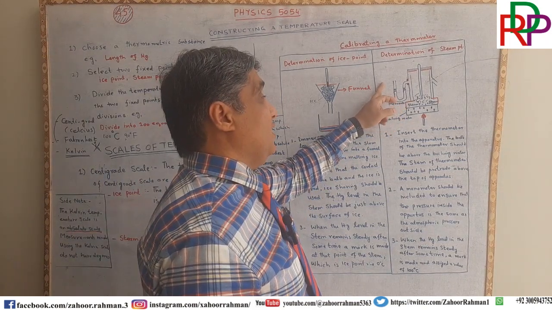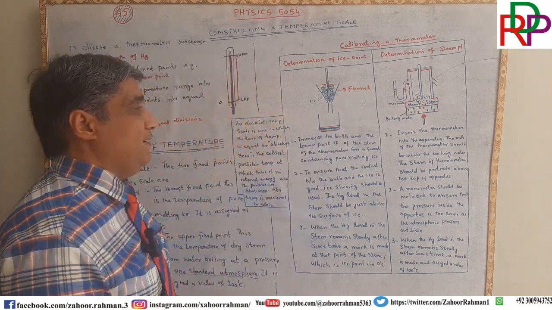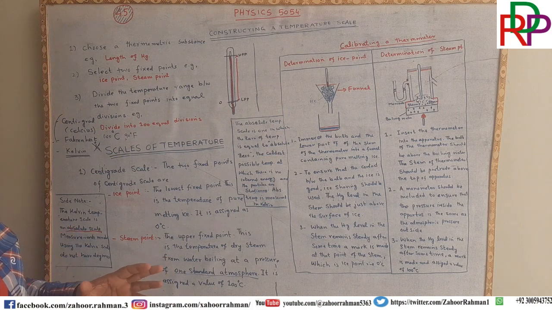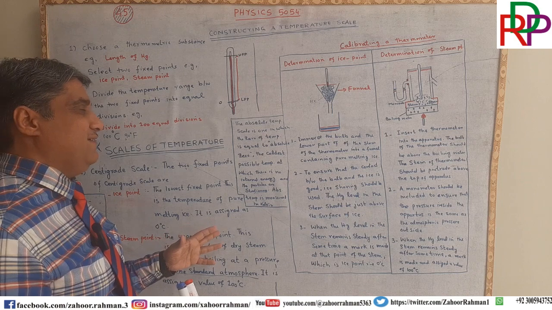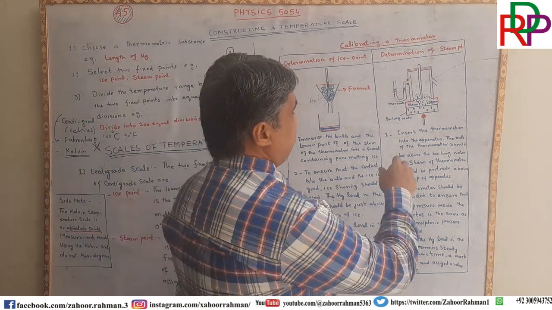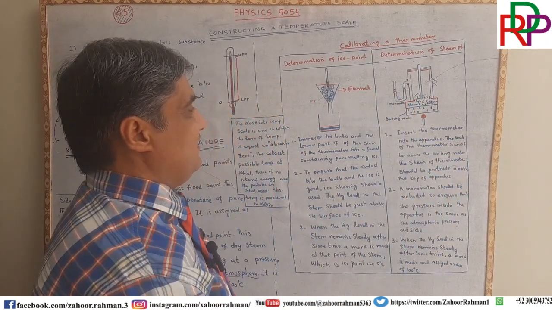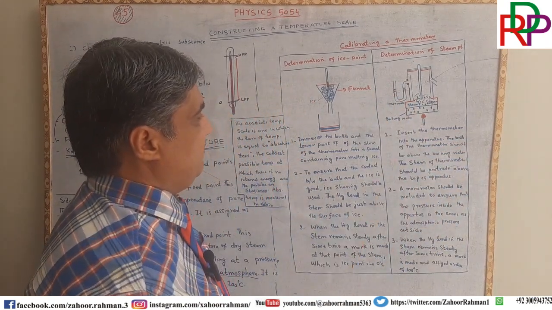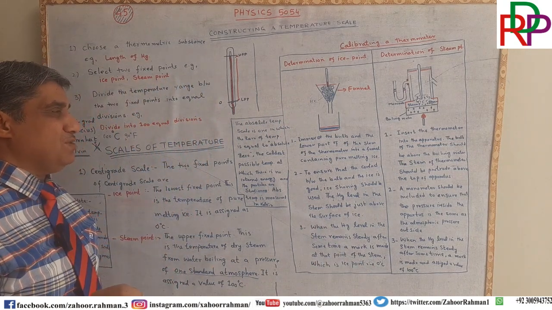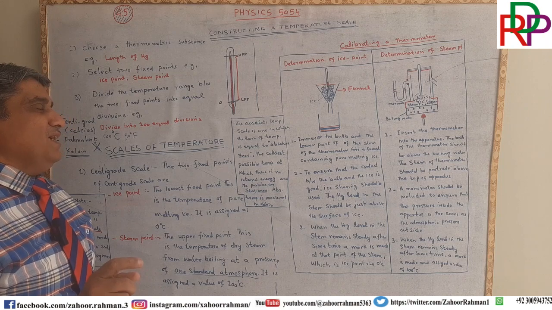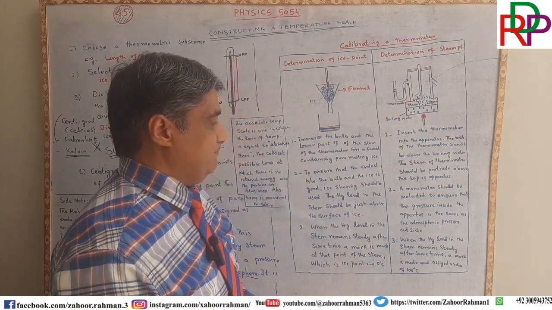It is not that the outside pressure is something else and the inner pressure of the apparatus is something else. If there is a difference between the two pressures, we won't be able to get it right. So for that particular purpose, we are making sure that the internal and external atmospheric pressure is the same. And you know that a manometer is a device which is used for measurement of pressure.